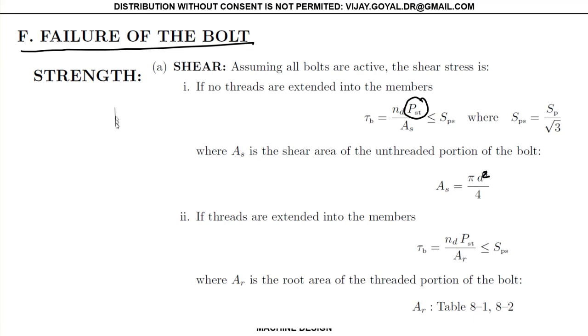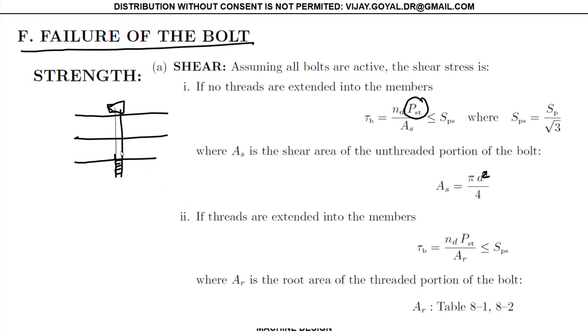no thread is extended to the members, this is what we always want whenever we can ensure this. So this is the threaded area. This is your bolt. So what you want to do is keep your members always outside the threaded area. So you can have one joint, something like this, and this is not threaded.